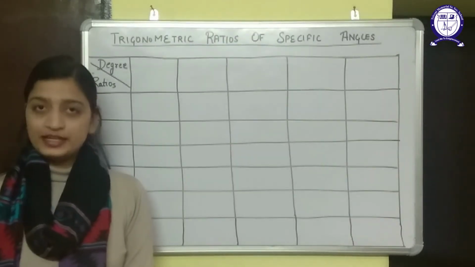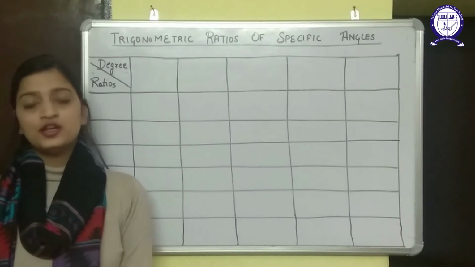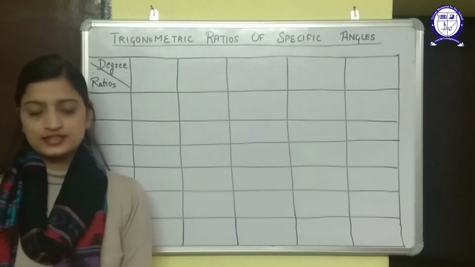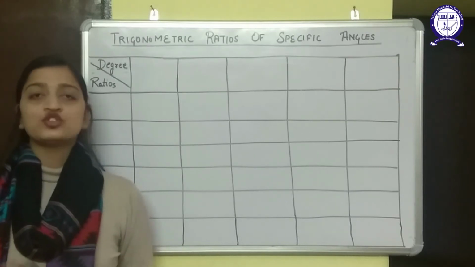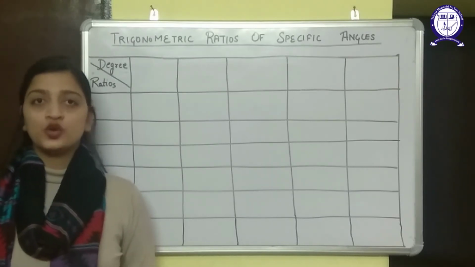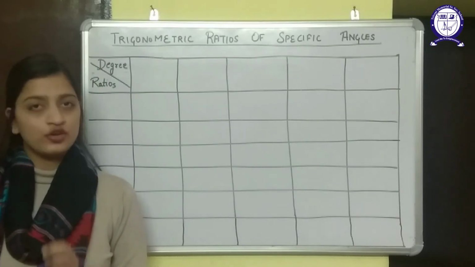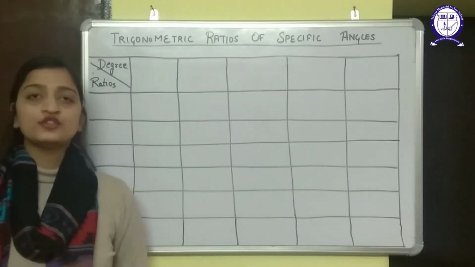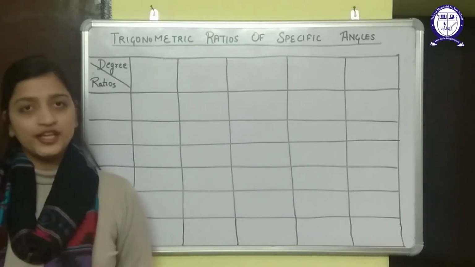Now coming to the very important topic of this chapter, that is trigonometric ratios of the specific angles. The values of the trigonometric ratios are known for specific values of the angles. There are basically 5 angles for which the values are already known.